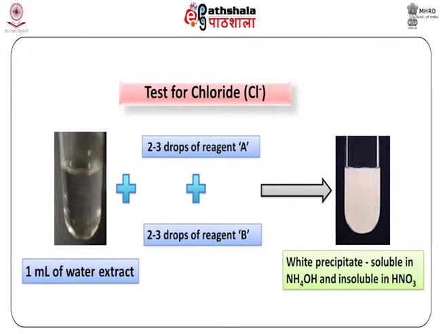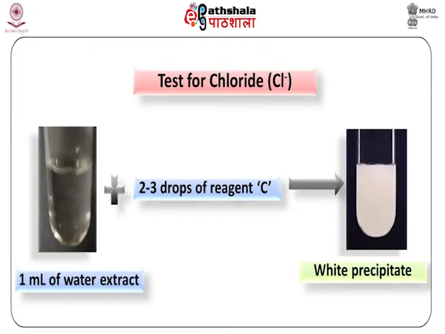Take 1 ml of water extract in a clean test tube. Put 2 to 3 drops of reagent A, followed by the addition of 2 to 3 drops of B reagent. The presence of chloride ions is shown by the formation of white precipitate. This white precipitate is soluble in ammonium hydroxide and insoluble in nitric acid.